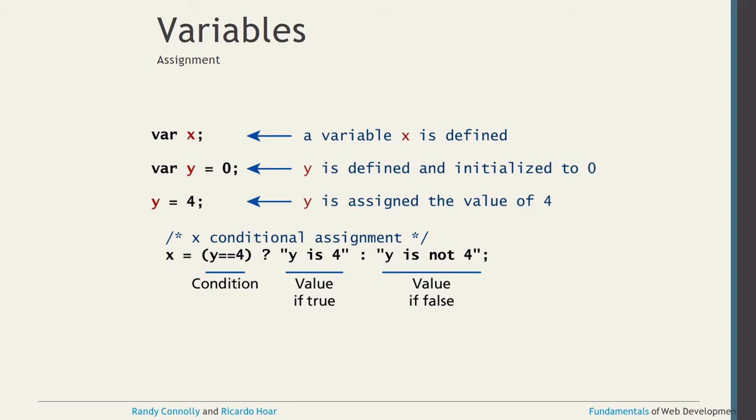So var y equal to 0 and put a semicolon. Initialization is done, and defining the variable is also done. Now we can assign a value for y. We can write y equal to 4 and again the semicolon, of course. Got it? So here we assign the value 4 to y. That is, y is assigned the value of 4.